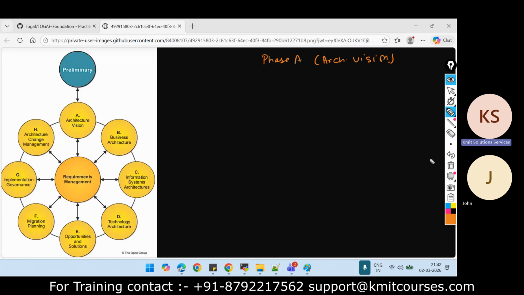So phase A is the initial phase that defines high level scope and direction. It's not detailed, okay? It is the high level scope.